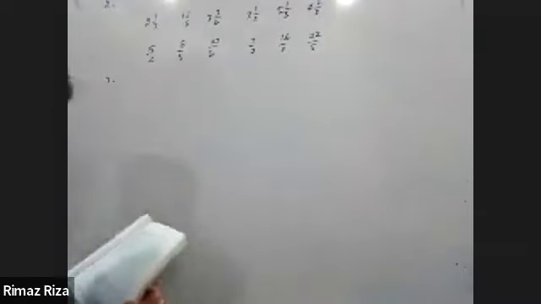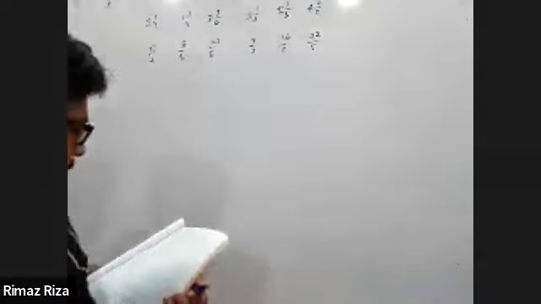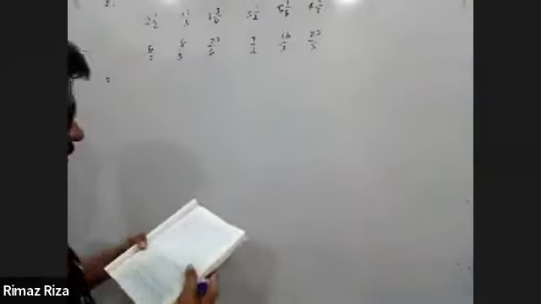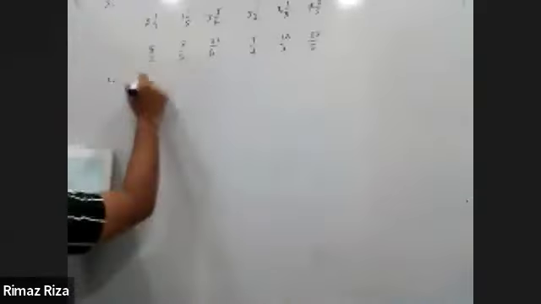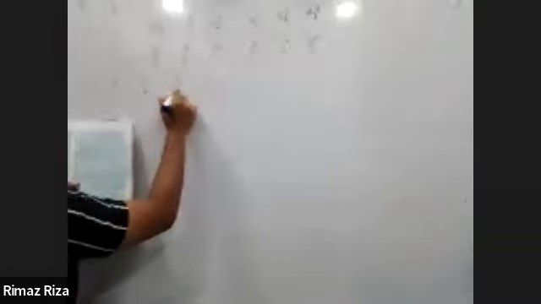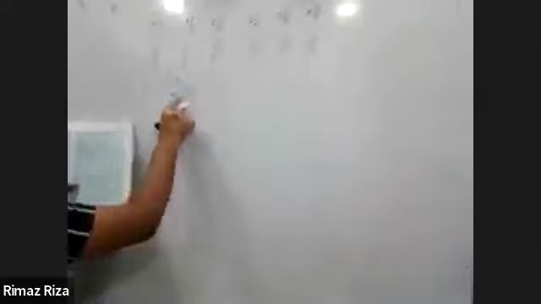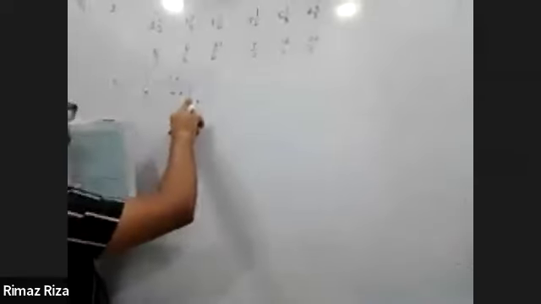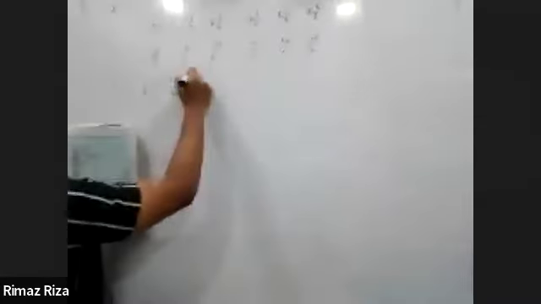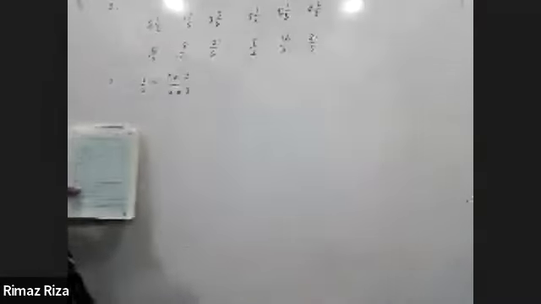We have fill in the blanks. So check your answers. So 1 over 4 is equal to 1 times 3 over 4 times 3. If you multiply the denominator by a number, the same number we multiply to the numerator.